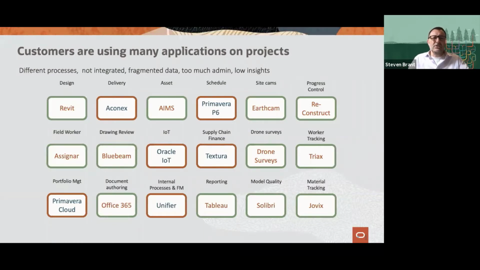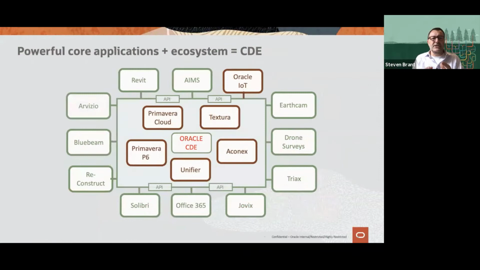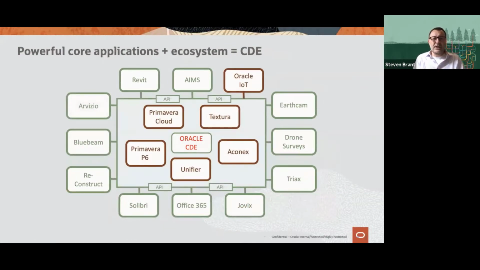What Oracle's done is pull these powerful core applications into our common data environment and layer over it an API layer to facilitate useful integrations with other applications. So the data flowing from these point solutions, these examples around the outside, is captured on the platform.